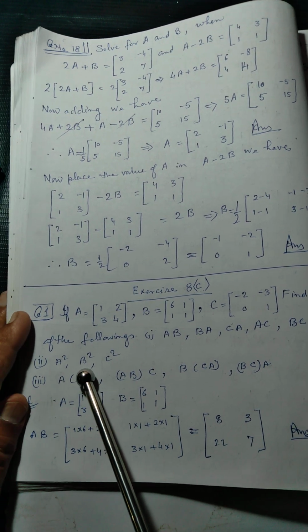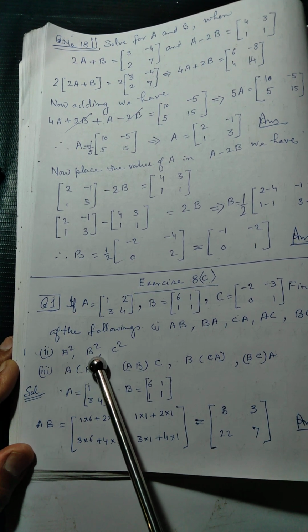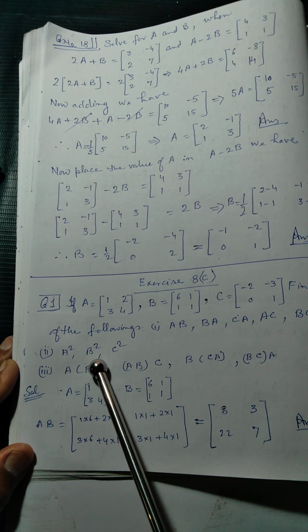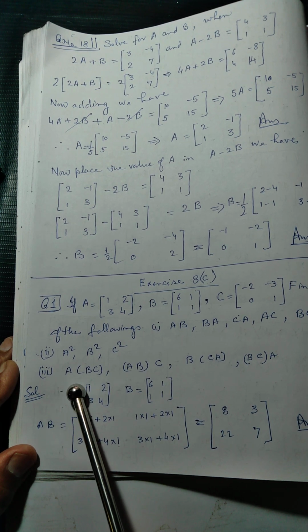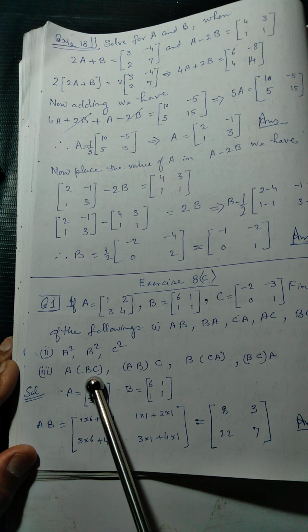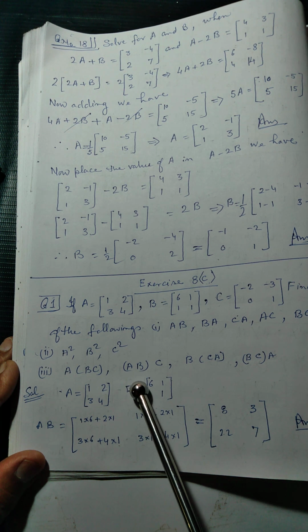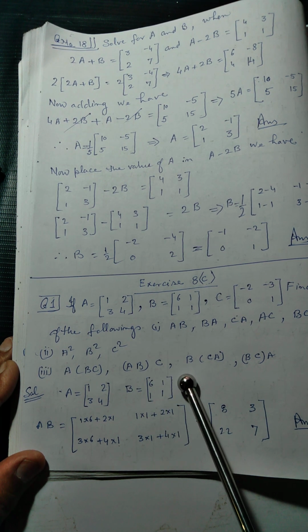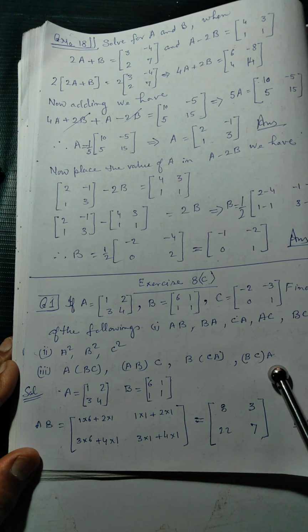In the second part, there are A square, B square, C square. Now the third part, A(BC). Second part of the third, that is (AB)C, B(CA), and (BC)A.